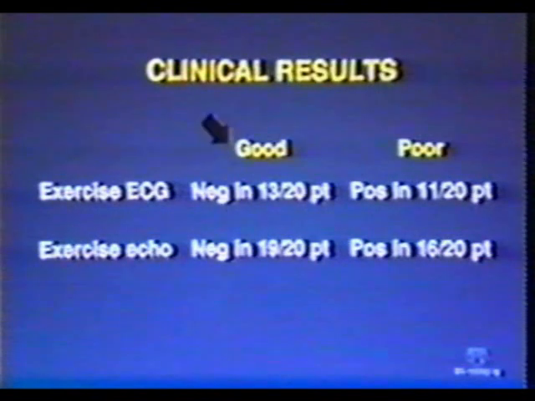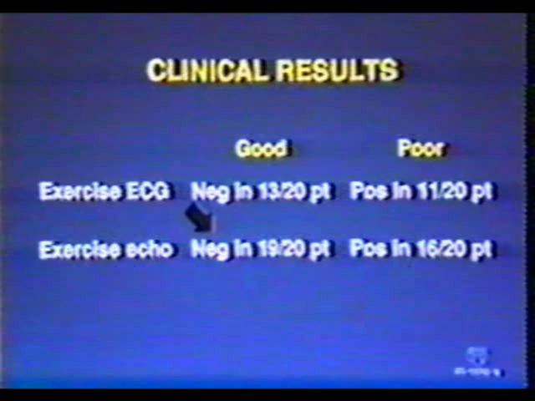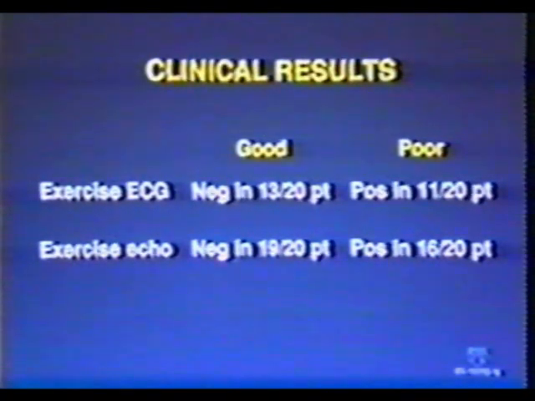For the 20 patients with no significant clinical events during the follow-up period, 13 had a negative exercise ECG, but 19 of 20 had negative exercise echocardiography. For the 20 patients who experienced unfavorable clinical events during follow-up, 11 had a positive exercise ECG, but 16 of the 20 had a positive exercise echo.